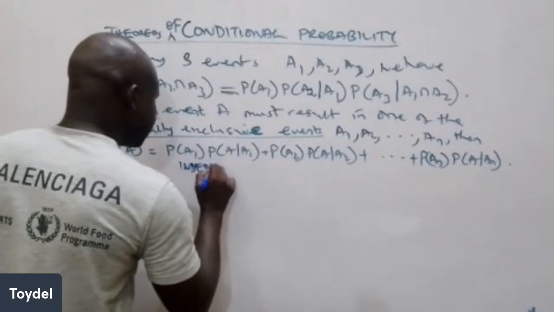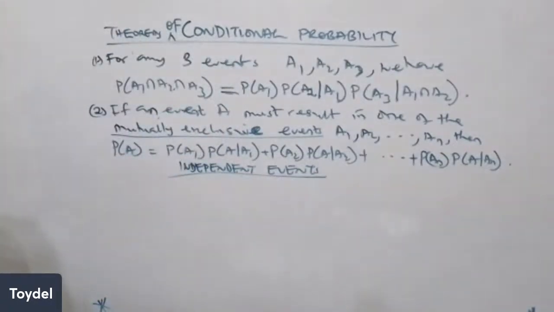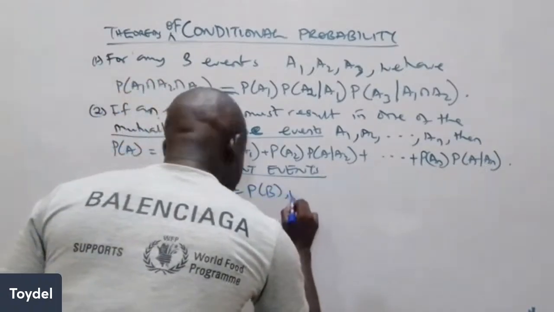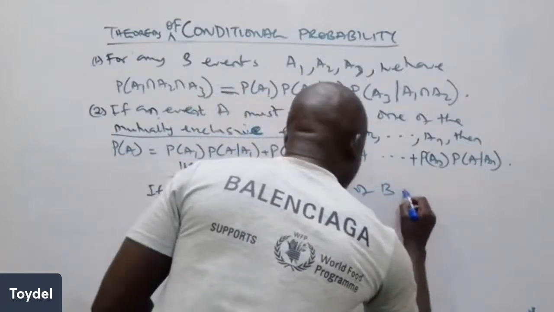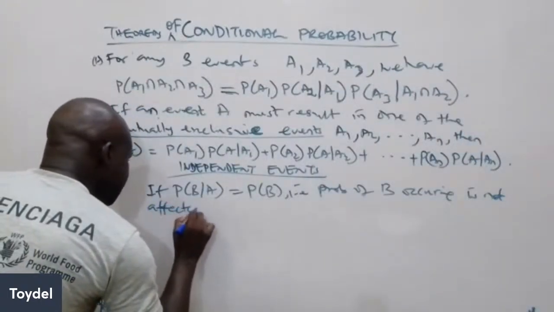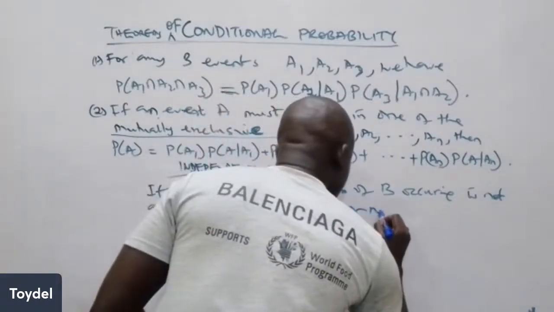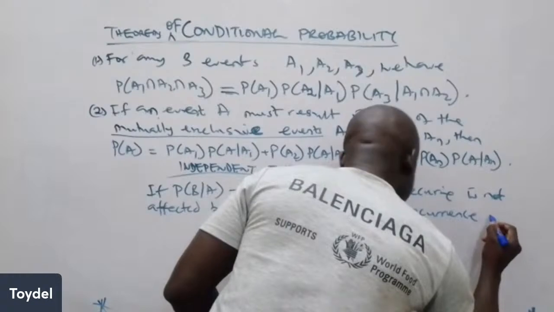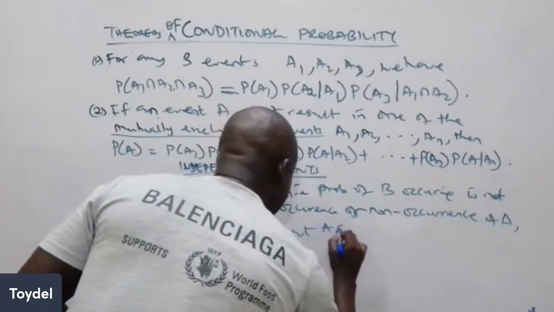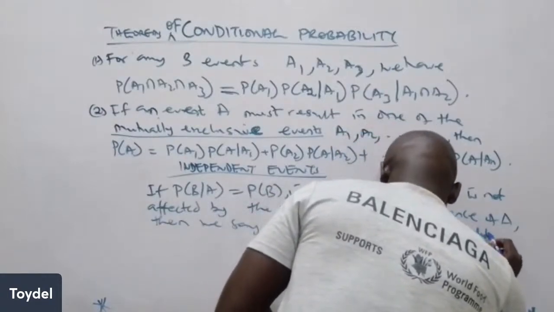Under independent events, if probability of B, given that A has occurred, is equal to probability of B, that is, the probability of B occurring is not affected by the occurrence or non-occurrence of A, then we say that A and B are independent events.